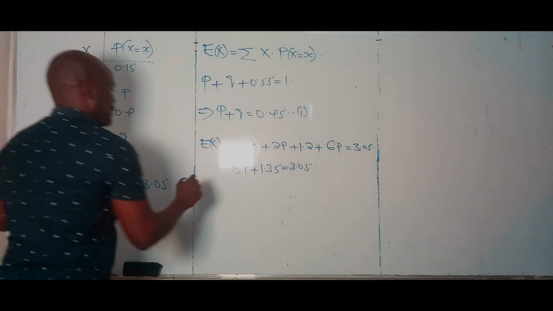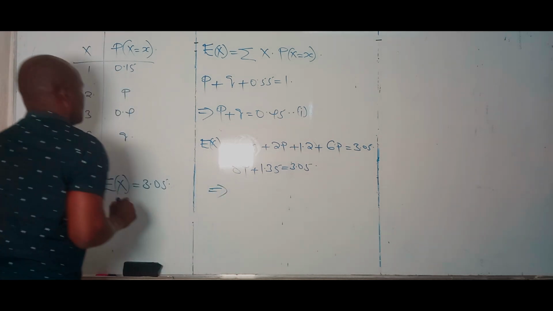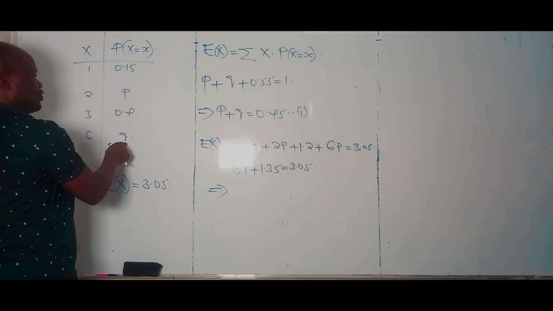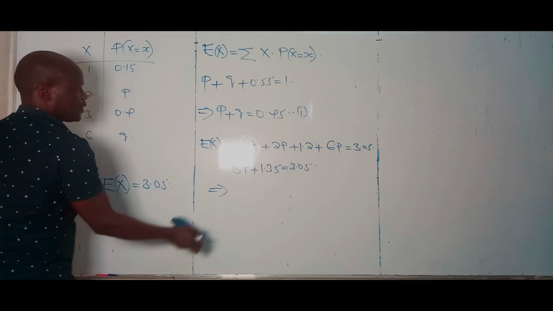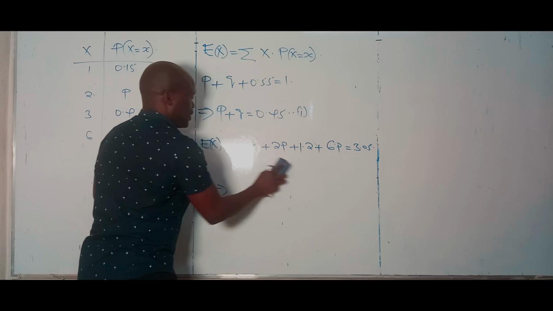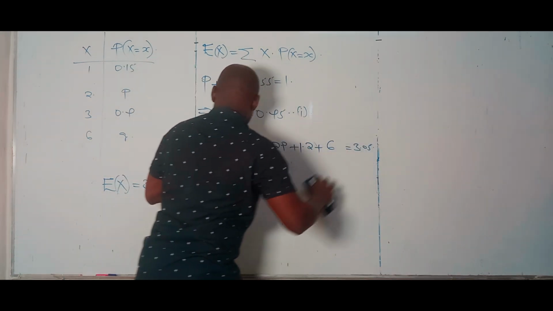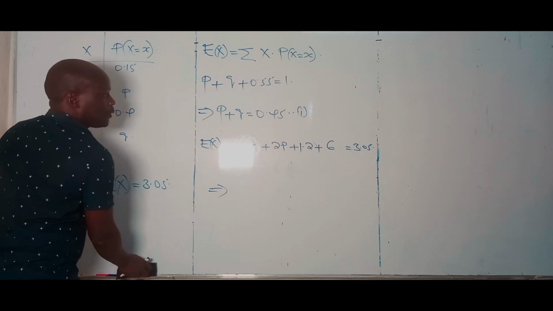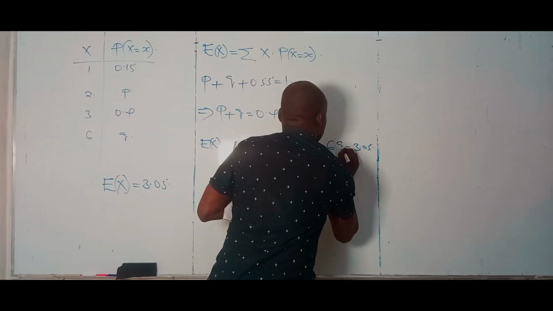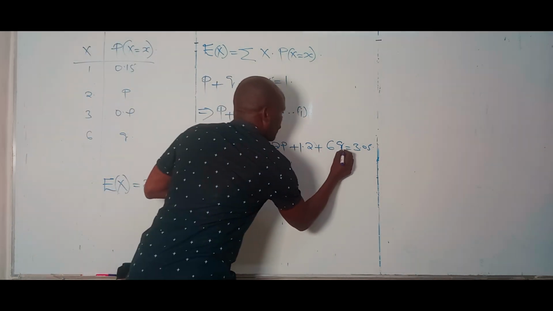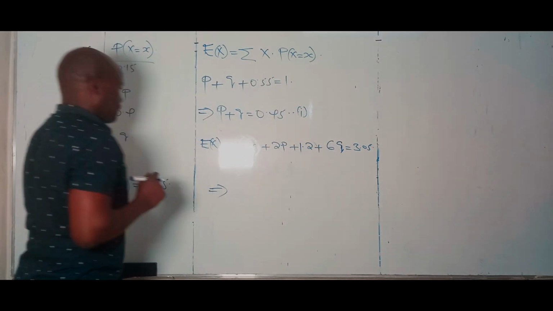This is 6q, not 6p. Sorry, that is 6q. Now, if that is q, that changes the argument.